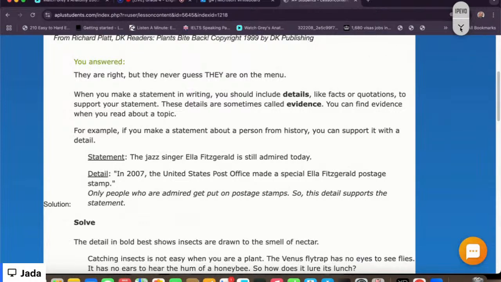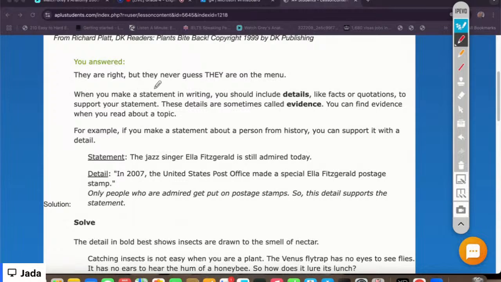Alright, so when you make a statement in writing, you should include details like facts or quotations to support your statement.